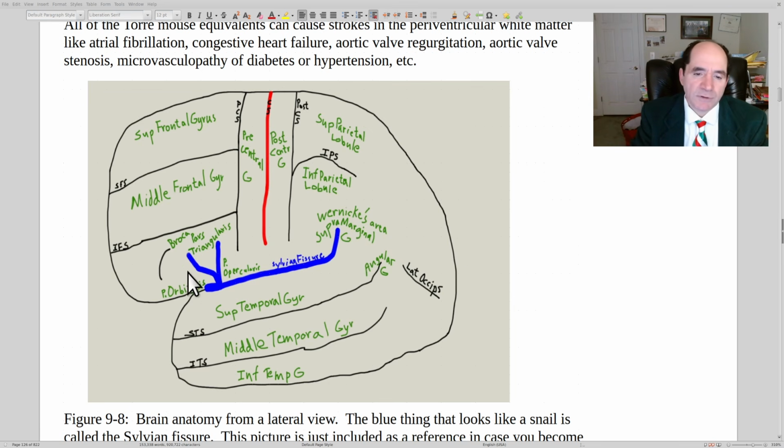On the lateral surface of the brain, it's the anatomy of the Sylvian fissure right here, which looks like a snail. Once you know the snail, you can figure out all the names of this other stuff, which we don't really need to do for our purposes, but it's an example of how you memorize complex stuff. You figure out what the irreducible minimum is, connect that to everything else, and just memorize the irreducible minimum, and you can derive the rest later.